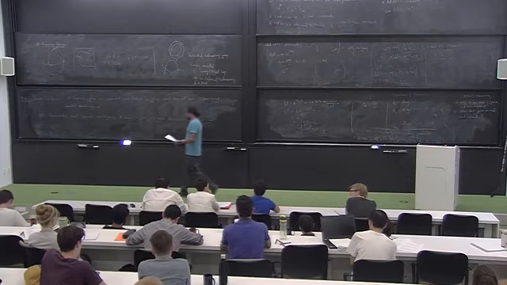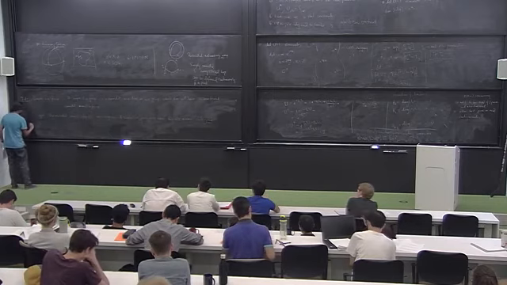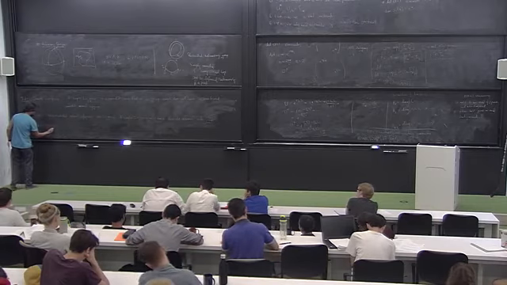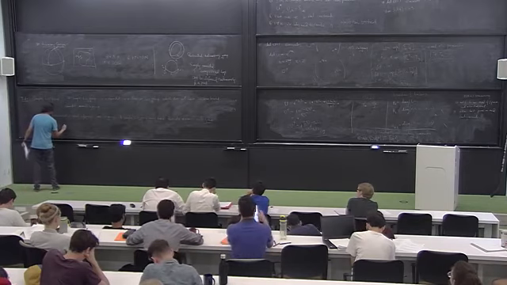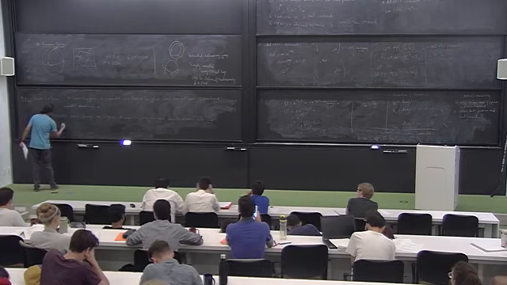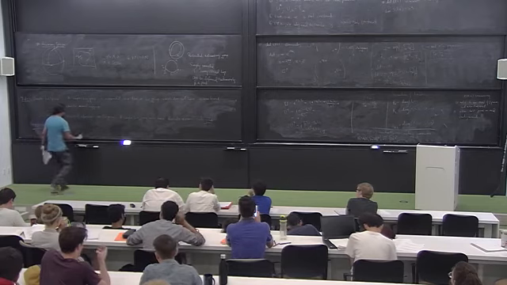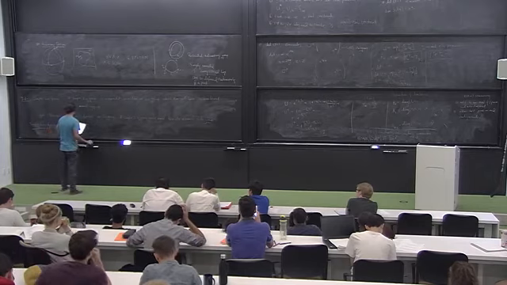Okay, so a related notion is a simple Lie algebra. Suppose we have a Lie algebra, which I denote by G tilde, and K is some subalgebra.